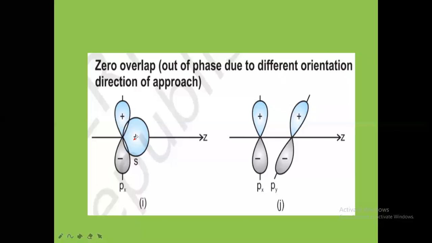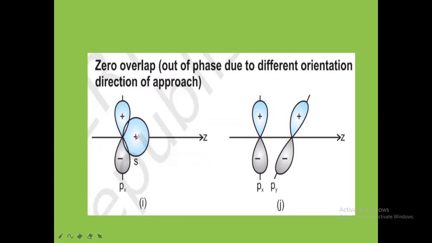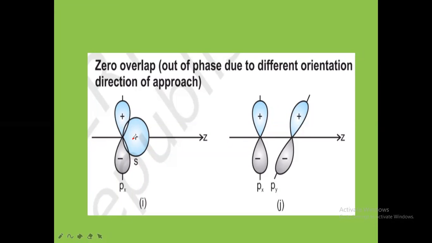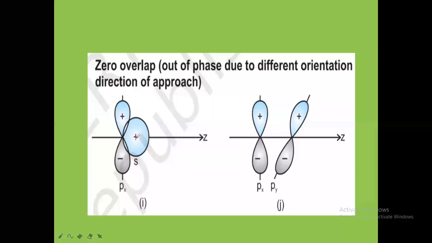Therefore, linear overlapping is not possible as they are not on the same axis. Sidewise overlapping is also not possible as they are not parallel to each other. Therefore, overlap is not possible here. There is no possibility for overlap between this type of orbitals, so we say zero overlap.